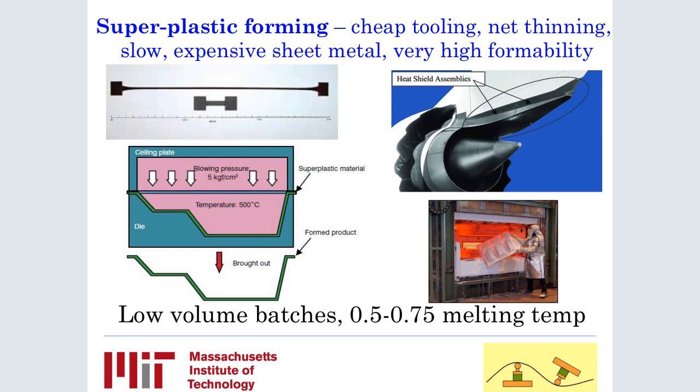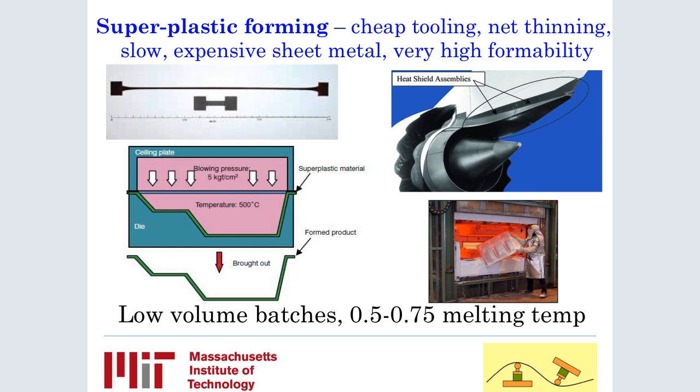Superplastic forming: cheap tooling, made thin, slow, expensive sheet metal, very high formability, low volume batches, at 0.5 to 0.75 of the melting point. You can see the temperature at which the superplastic forming is done, that is the blowing pressure on that superplastic material.